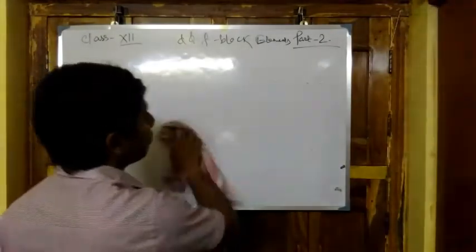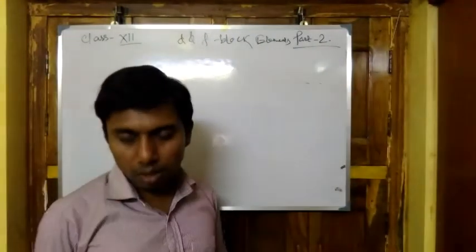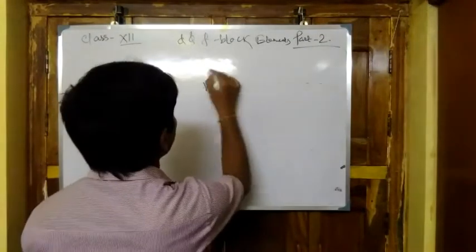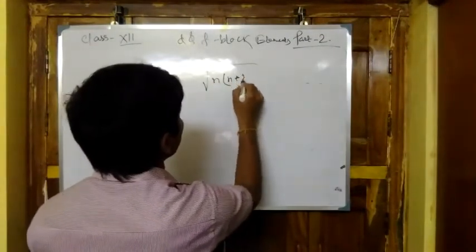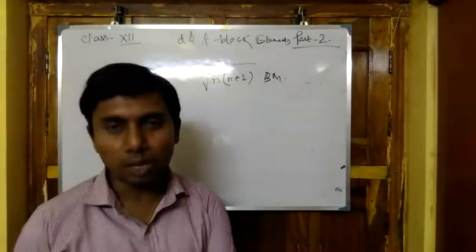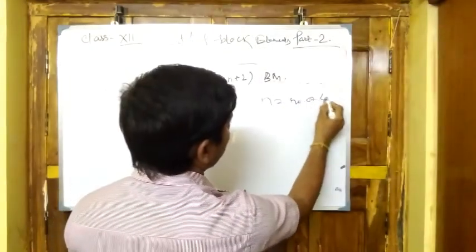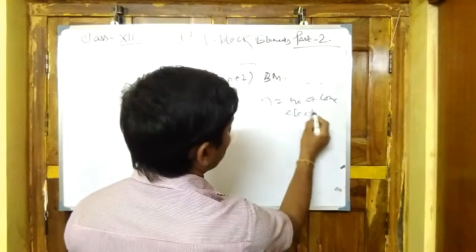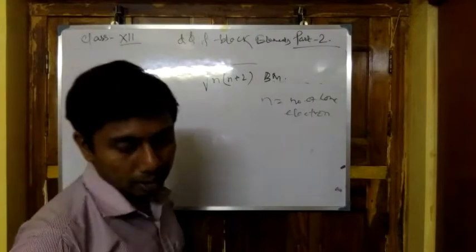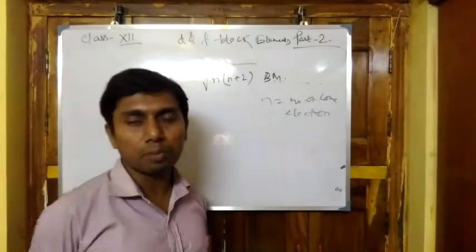As there are free or lone electrons in the d orbital, there is a formula: root over n into n plus 2 BM, where n is the number of lone electrons. So it is the calculation of the magnetic moment, and it gives the value of the magnetic properties.